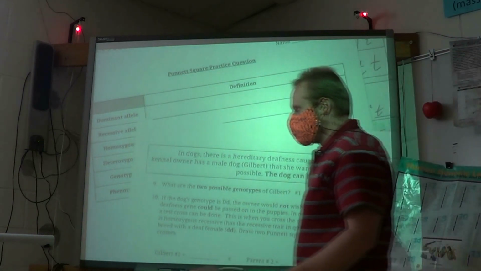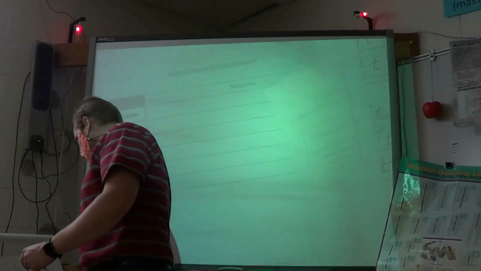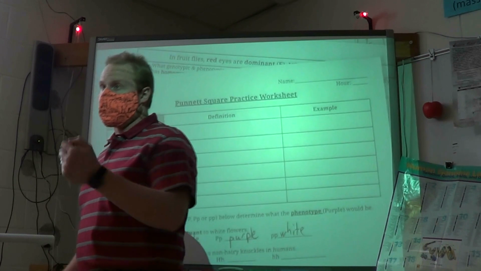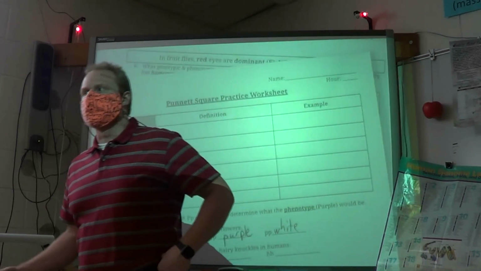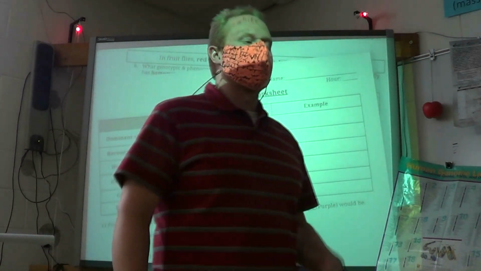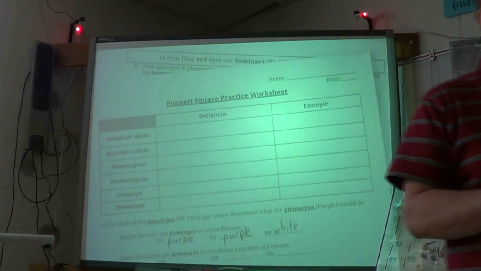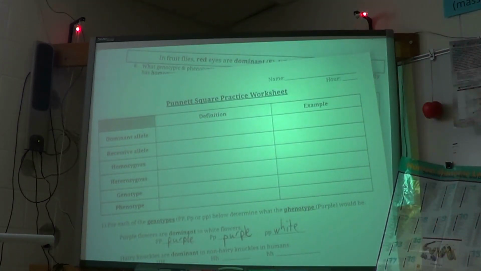Okay, so for each one, we give you what the traits are, whether they're dominant or recessive. We also tell you what the alleles are to use. You could use any letter, but we're suggesting you use them. So we have about 11 minutes. I'm asking you to have pages 1 and 2 completed for tomorrow.